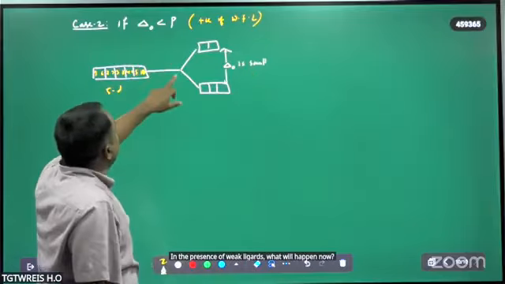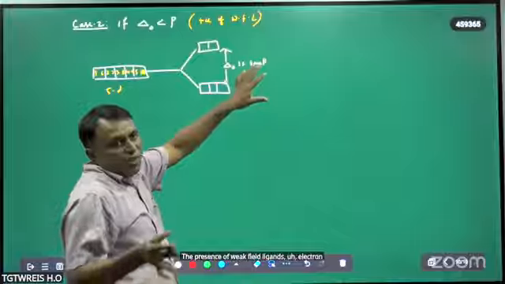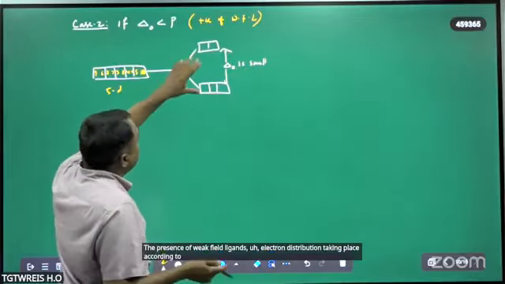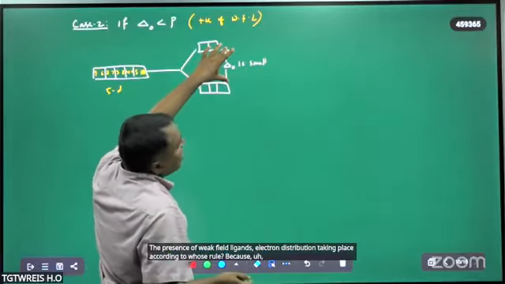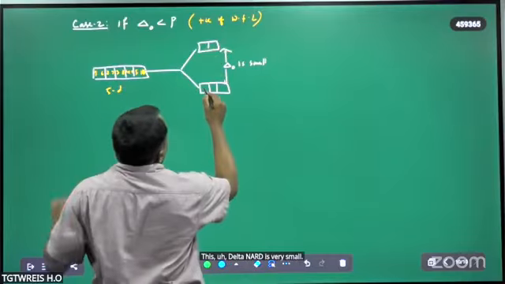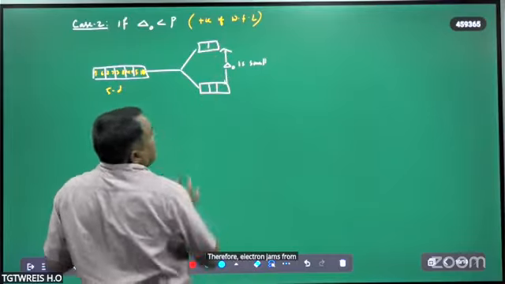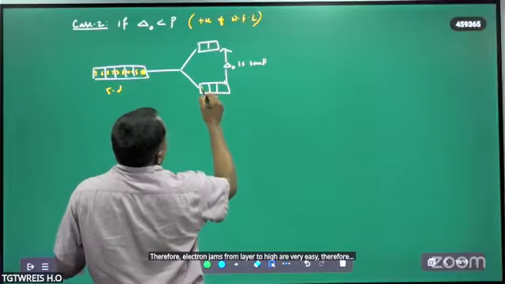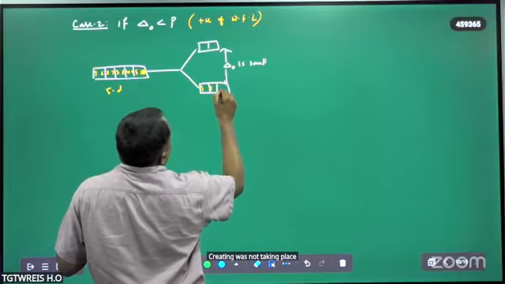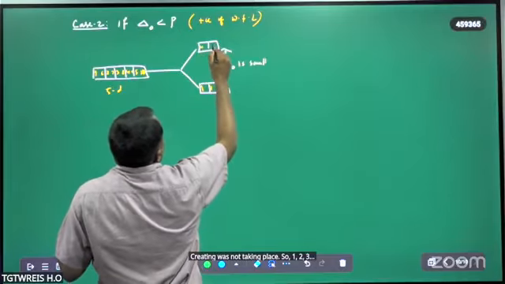In the presence of weak field ligands, electron distribution takes place according to Hund's rule, because this delta naught is very small. Therefore, an electron jumps from lower to higher very easily. Therefore, pairing does not take place. So 1, 2, 3, this is the fourth, this is the fifth.